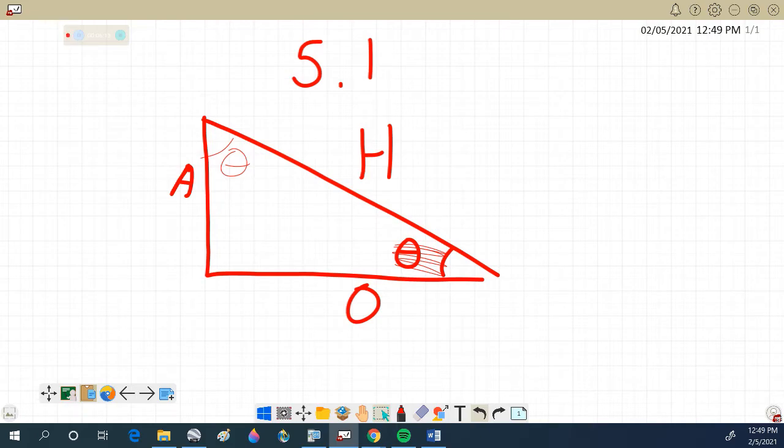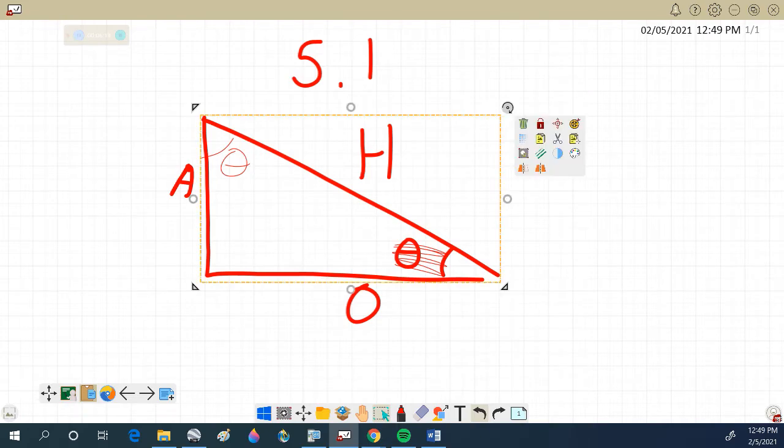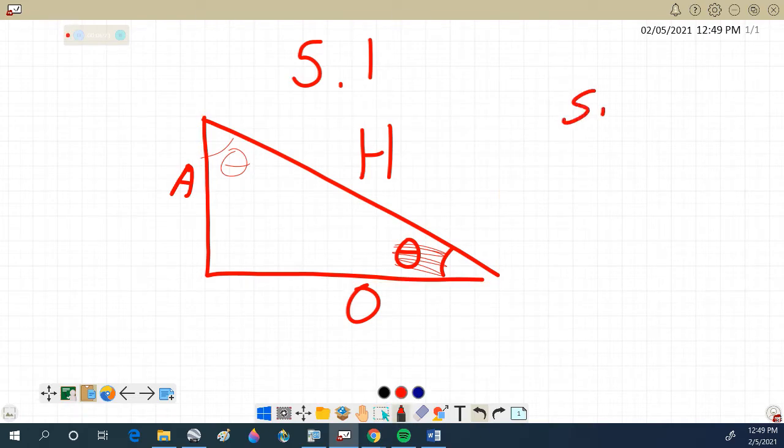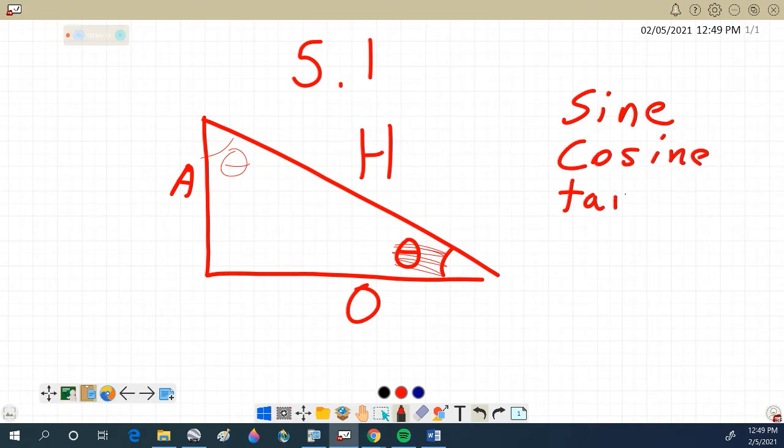And the ratios we use have the names sine, cosine, and tangent. But mathematicians are really lazy, so we abbreviate, and we just have that. And if you say sin, cos, and tan, I'm going to make fun of you.